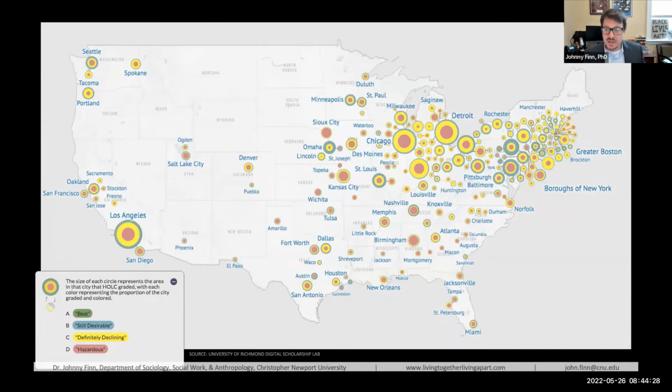So this is one example of a federal housing policy, through the HOLC, the predecessor to the FHA, of intentionally investing in white neighborhoods during the Great Depression and intentionally disinvesting in non-white neighborhoods through housing at the same time.